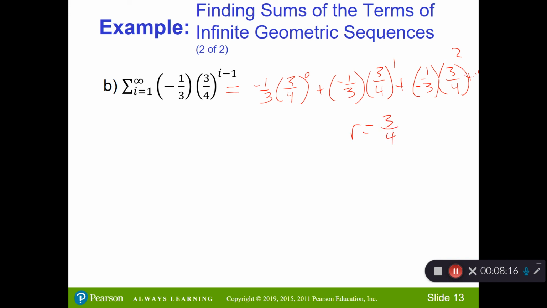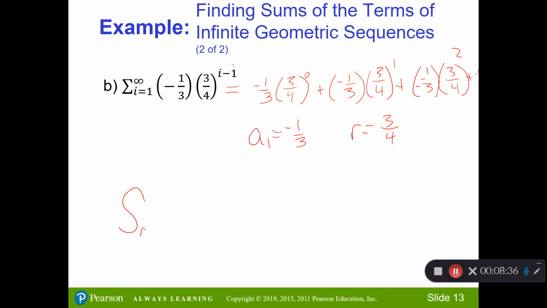It's how much I'm going up by each term. Notice it's the item with the i minus 1 on it. I also see this is my A1, because this first term here, anything to the 0th power other than 0 is a 1. This is negative 1/3 times 1, so the first term is negative 1/3.